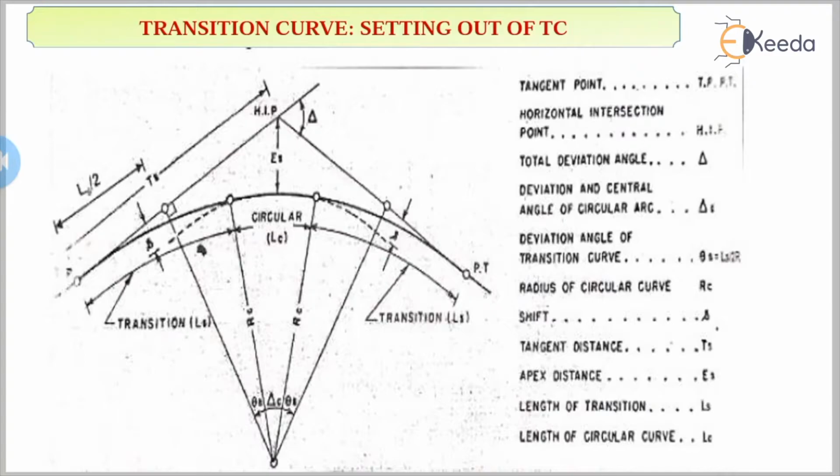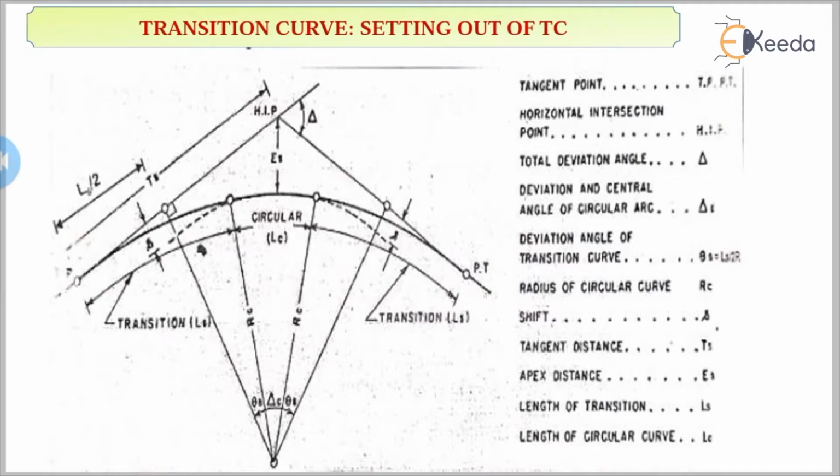In this diagram, you can see a circular curve in the center and the transition length on either side, and then the tangent follows. At the starting, that is at the left, that is PC, point of curvature, and then the HIP, that is PI, horizontal point of intersection, and the PT, point of tangency.